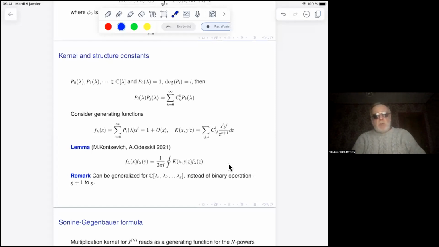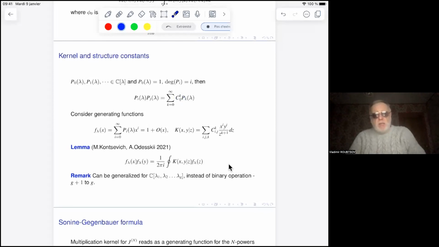I suppose that they are polynomial, and I take a basis such that all members of my basis have the corresponding degree of the index. Constants, P1 of degree 1, etc. And then the product of two coefficients of degree i and degree j gives you, with these structure constants, some series.